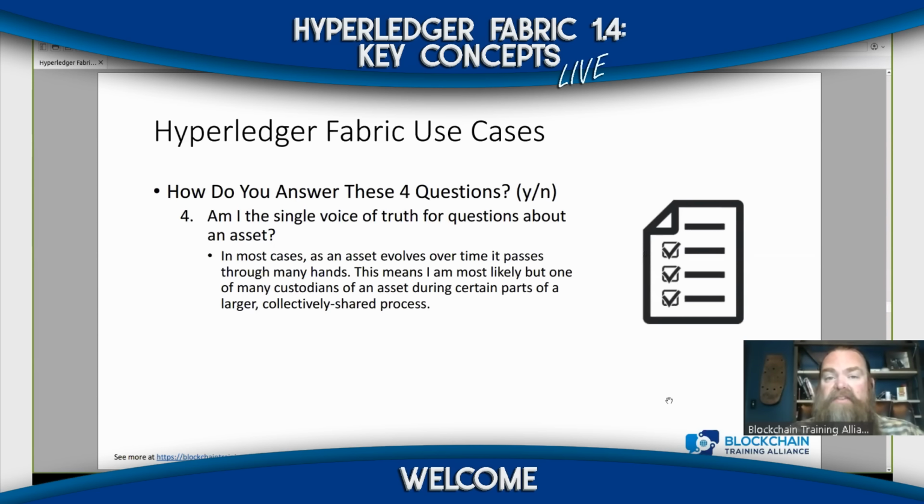But if I have a question about those devices while they're being manufactured, Charlie can't help me. I have to ask Alice. Very often the assets we're concerned about follow this model. We do not own them from the start to the finish of their life cycle. We're only one custodian of this asset as it evolves over time.